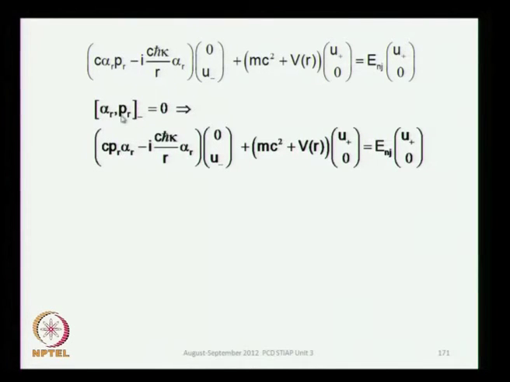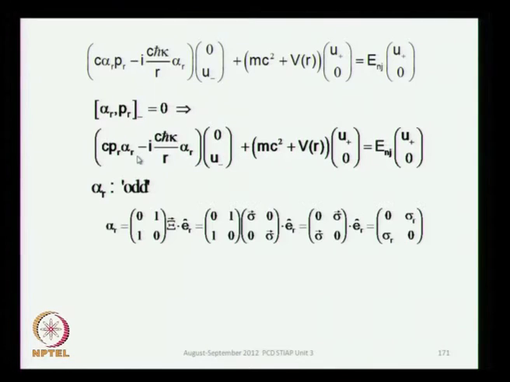Now, we know that the radial momentum operator, p r, commutes with alpha r, and you can therefore interchange these positions. So, you have alpha r here, and when you do this, you take advantage of the fact that you have to find the operation on 0 u minus by alpha r. And what is alpha r?